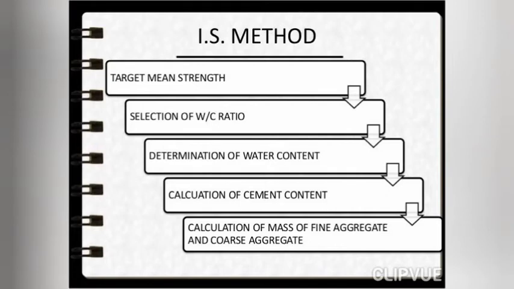It consists of the following steps: target mean strength, selection of water cement ratio, determination of water content, calculation of cement content, and at last calculation of mass of fine aggregate and coarse aggregate.